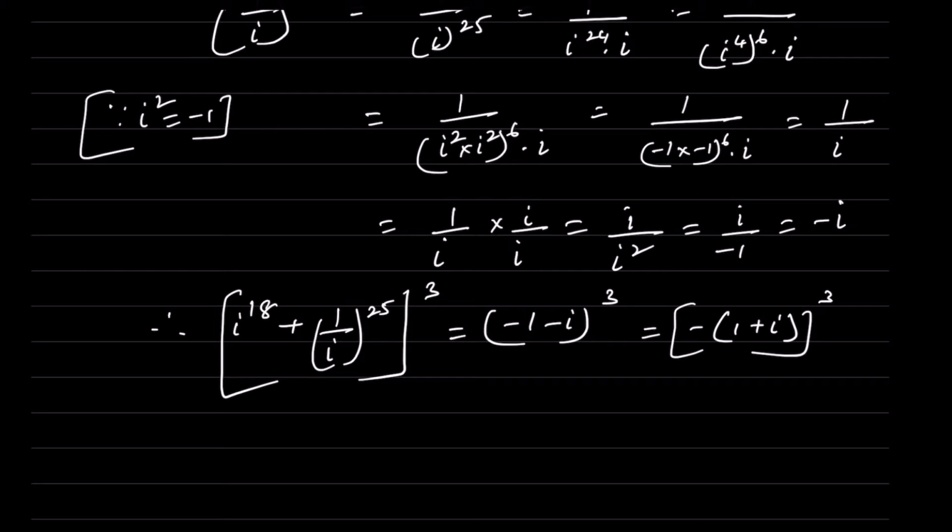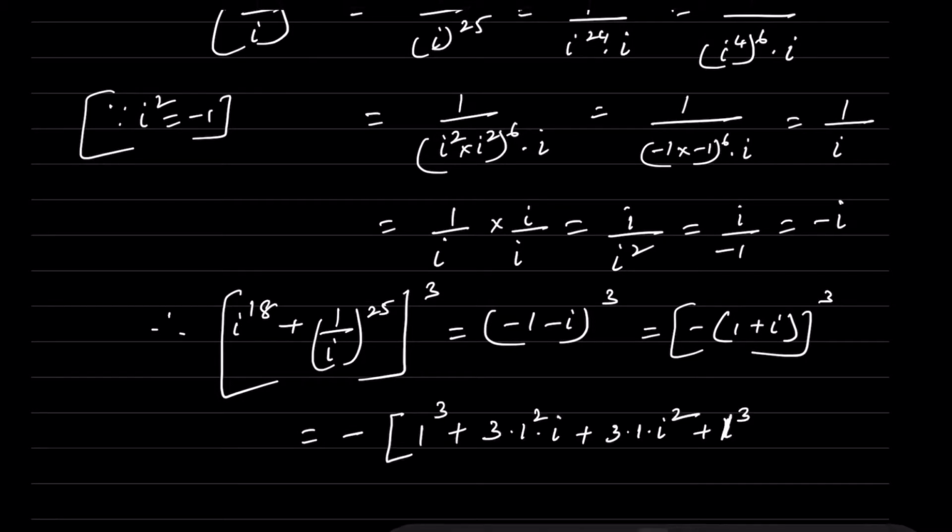Since it is to the power of 3, you will get a minus sign outside. Therefore you can use the formula for (a plus b) whole cubed: 1 cubed, and i cubed over here.